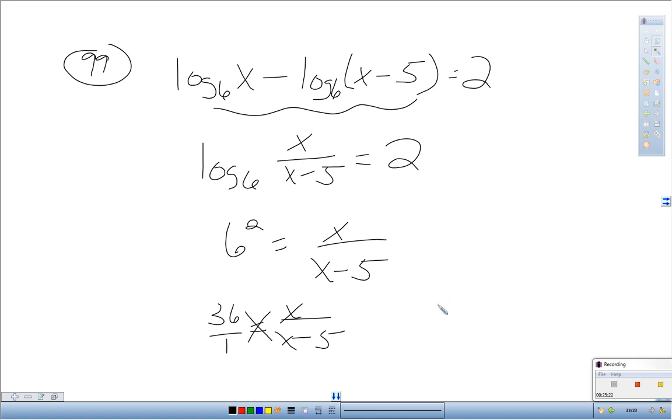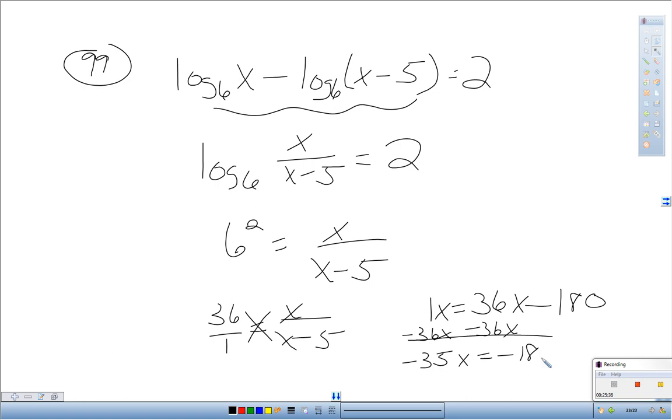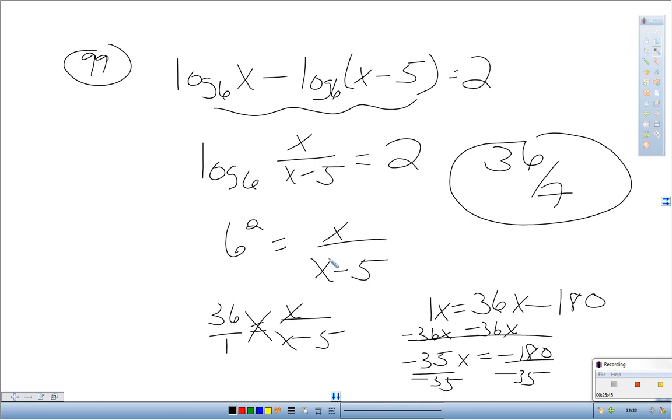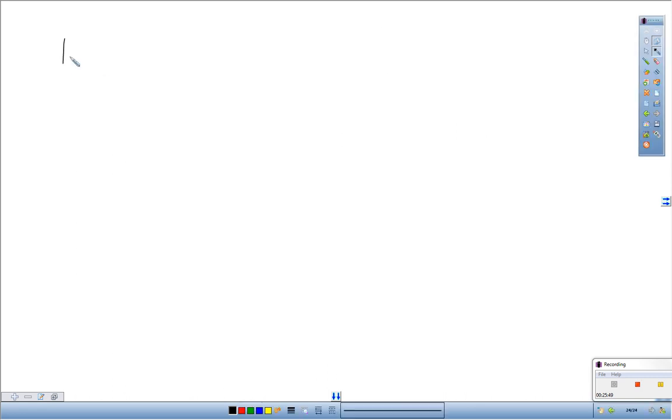Crisscross, so that gives me 1x equals 36x minus whatever 36 times 5 is, which is 180. Then I'm going to subtract 36x, and so that gives me negative 35x equals negative 180, and then divide by negative 35. So negative 180 divided by negative 35, that gives me 36 over 7, and that was my answer for 99.